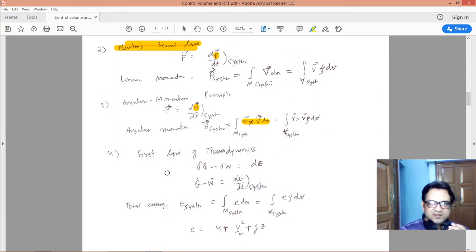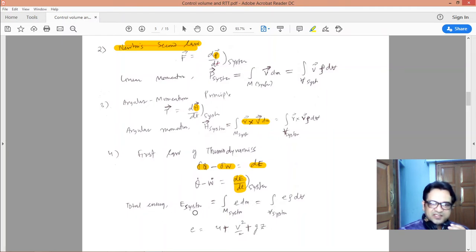Another physical law is the first law of thermodynamics. Basically it is the conservation of energy. If there is heat transfer and work transfer, then the internal energy of the system changes. If we express that on a rate basis, the rate of change of internal energy of a system is equal to the rate of heat transfer minus the rate of work transfer.